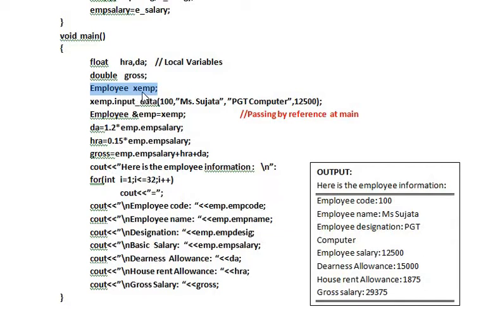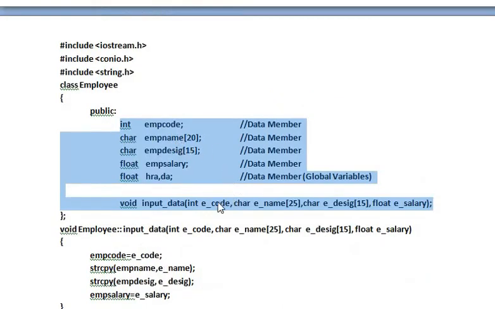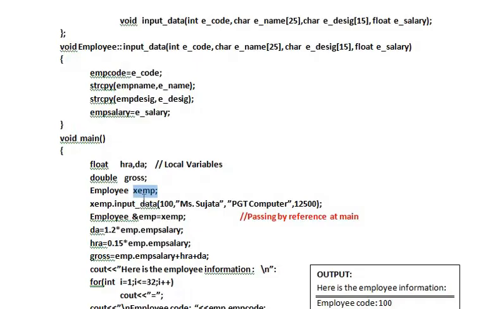Then in the next step, an object specified by the name xEMP has been created from the class employee. Now as soon as I create this object bearing the name xEMP, these data members and this member function shall be bound to the object known as xEMP.